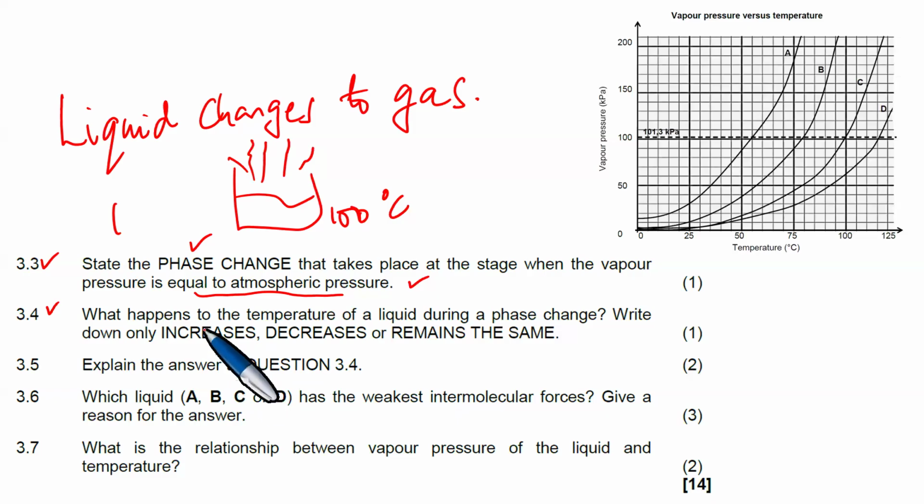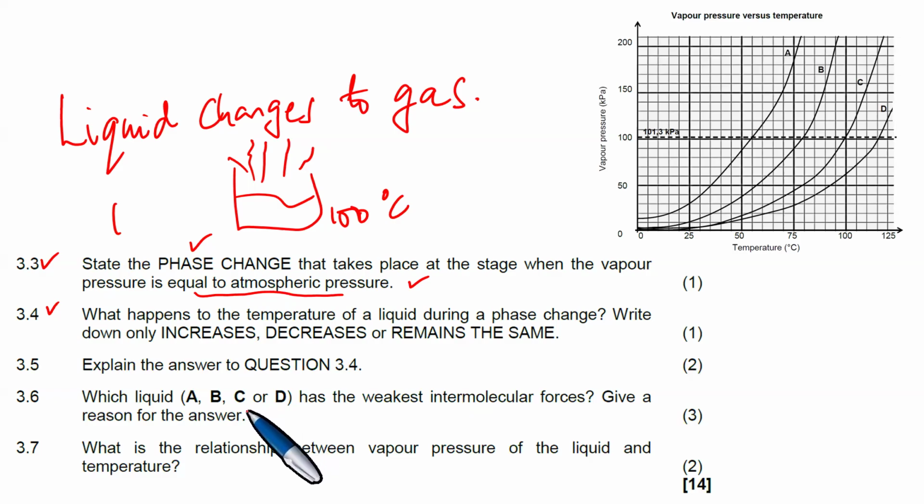So when water changes to gas, because you are boiling the water, and this water in the pot is becoming water vapor, we call that steam, and we can see the steam exiting the pot because the water is boiling. What happens to the temperature of a liquid during a phase change?